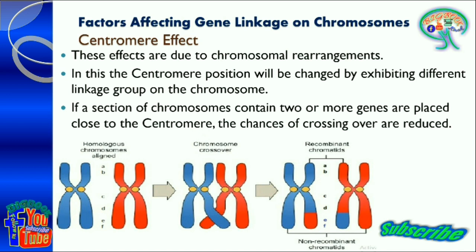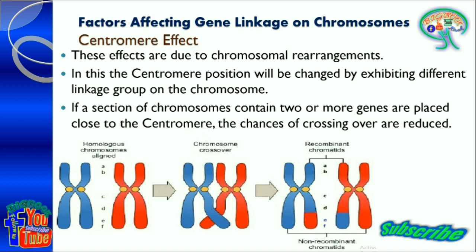So depending upon that also, gene recombination is going to be affected, or the crossing over is going to be affected. Because of that, the inheritance of the linked genes is also going to be affected.